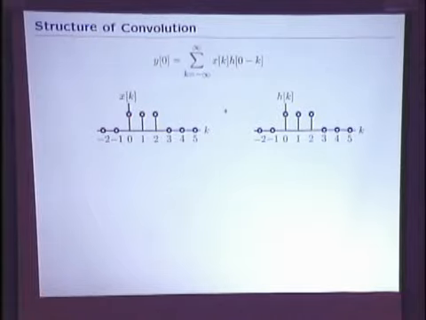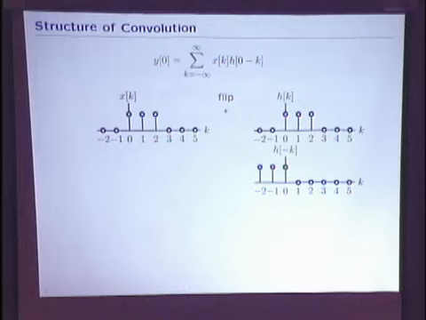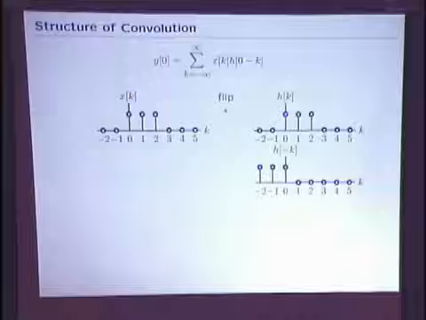I need h of minus k, so I have to flip it. So I'm flipping about the n equals 0 axis so that positive n becomes minus n. Positive k becomes minus k because I want this to be minus k up here.